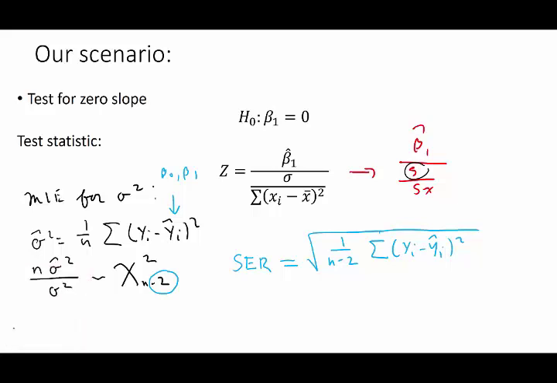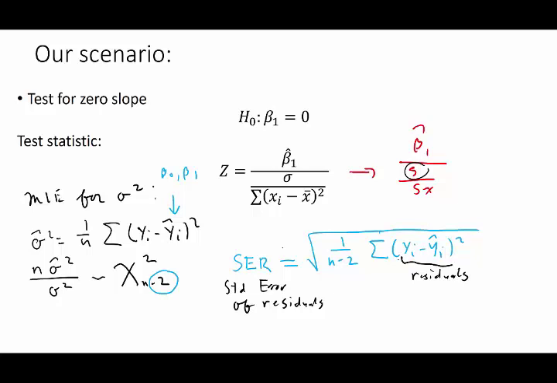This is called the standard error of the residuals because these terms in parentheses, you'll recall, are called residuals, differences between actual and expected ones.